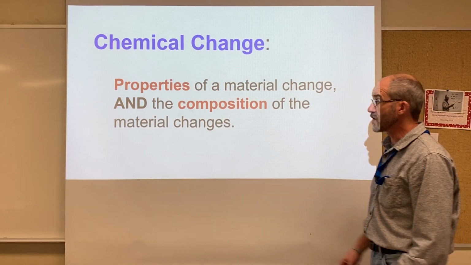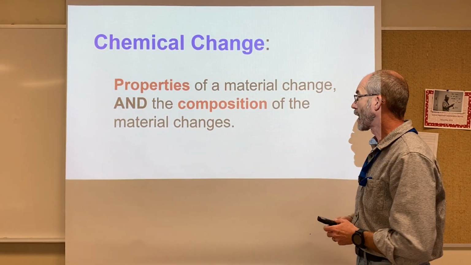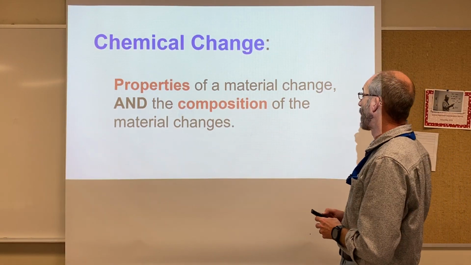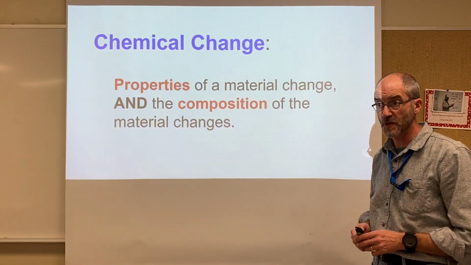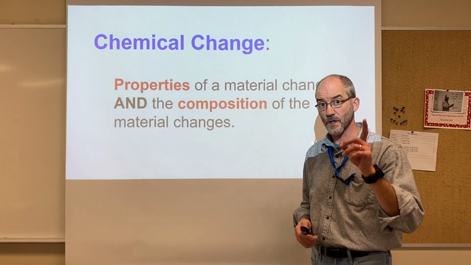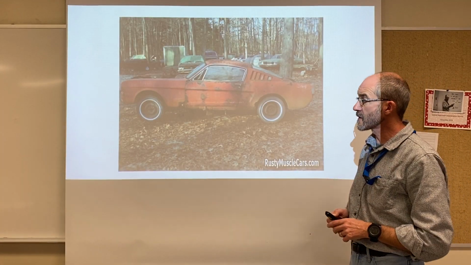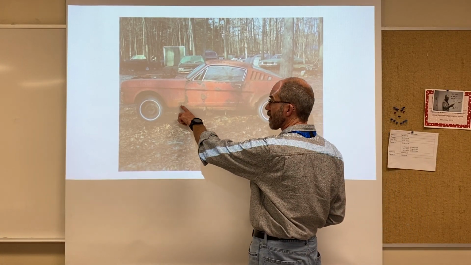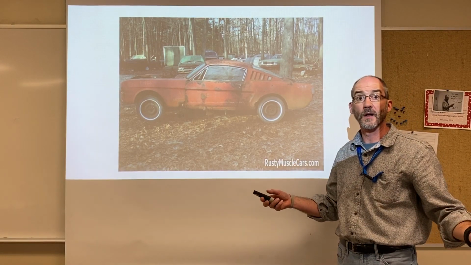So in a chemical change, the properties of a material change and the composition of the material changes. But the matter is conserved. So once again, you go back to a car that's sitting out in some junkyard somewhere rusting. If you look closely enough at this picture, there are holes. There's no longer metal there. That metal is gone.